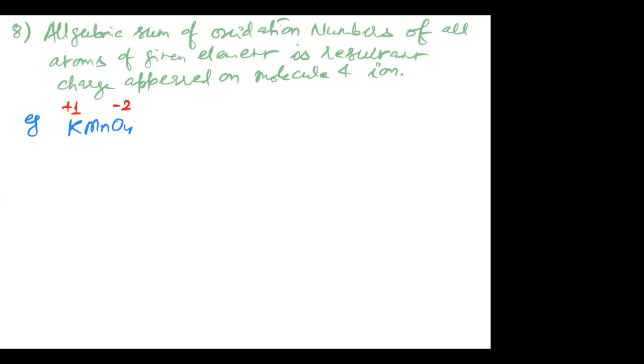If we do not know the oxidation number of manganese, we can assume it to be X. The resultant charge on this molecule is 0, as it is a neutral molecule. So potassium is +1, manganese is X, oxygen in total is 4 times -2, and the resultant charge is 0. This X has to be equal to +7.